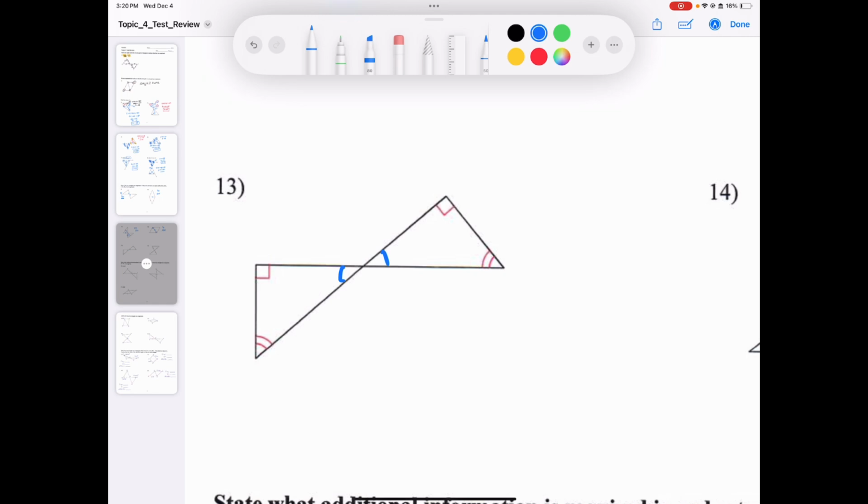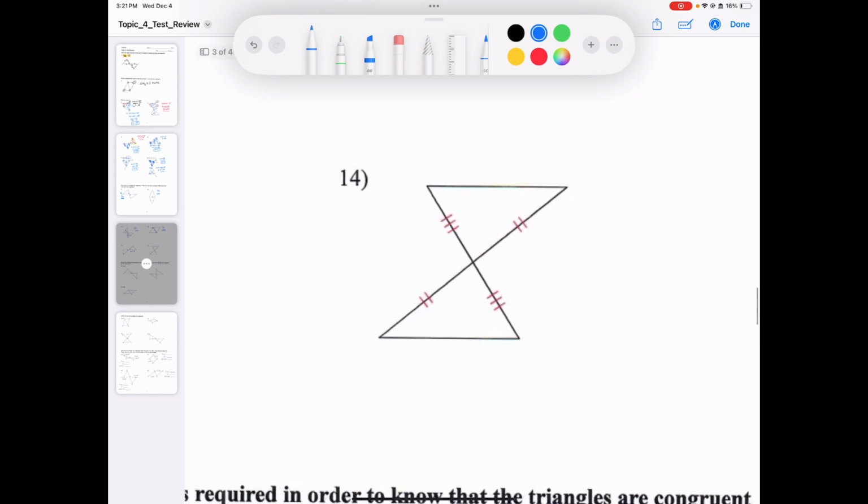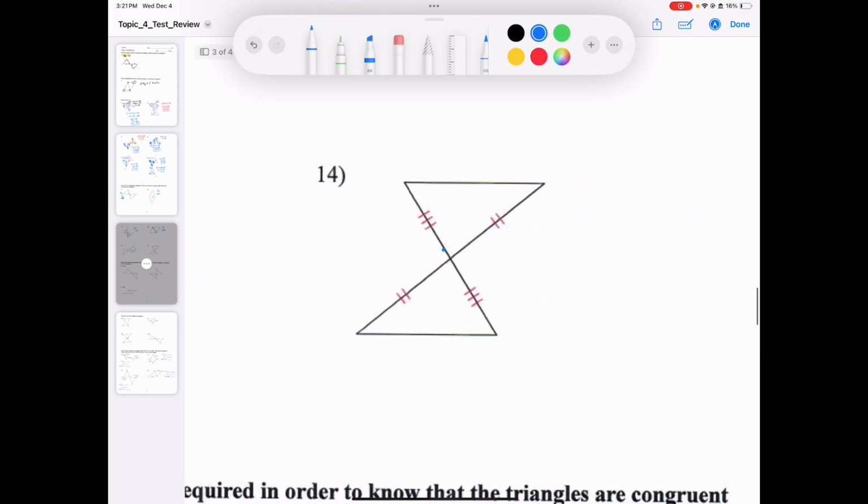Don't have any legs, you got nothing. There's angle, angle, angle is not one. So these are not congruent. Number 14, mark our vertical angles. Vertical angles are congruent. That gives me side, angle, side.